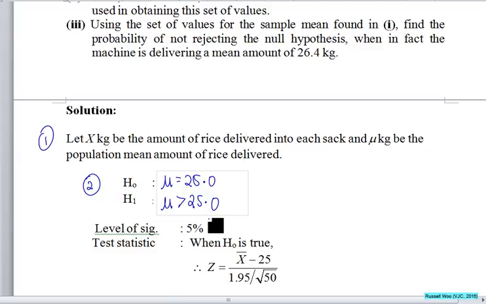So never mind, we do all these: level of significance stated, test statistic written, Z test. Why Z test? Because n is large, sigma square known. Is sigma square known? Yes, sigma square is known.